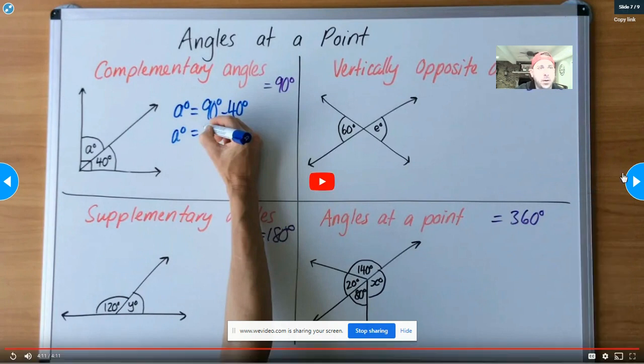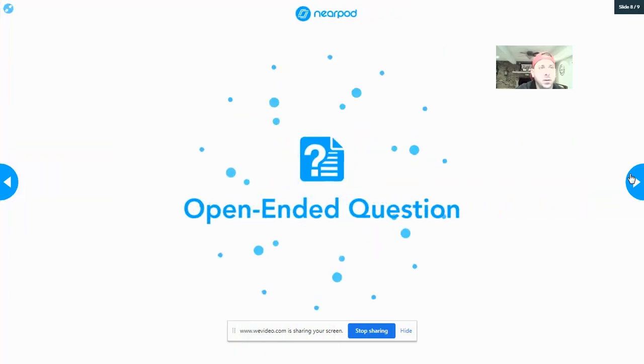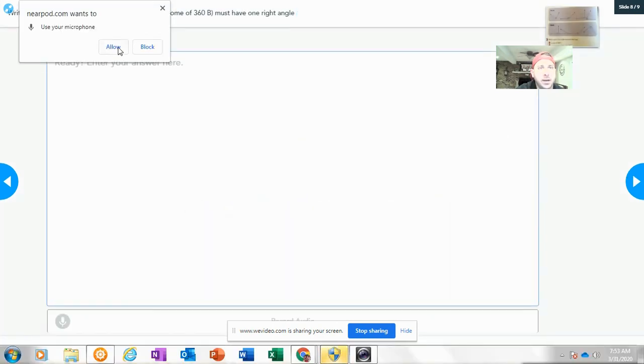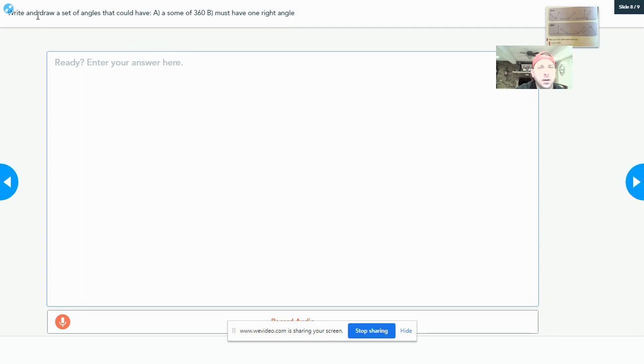And now an open-ended question. Write and draw a set of angles that could have a sum of 360, but must have one right angle. So a sum of 360, but must have one right angle.